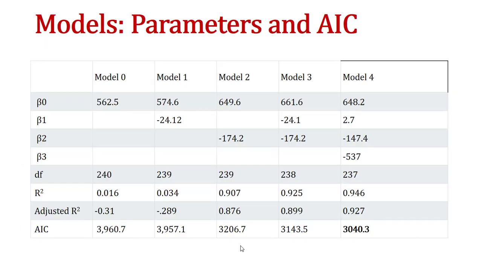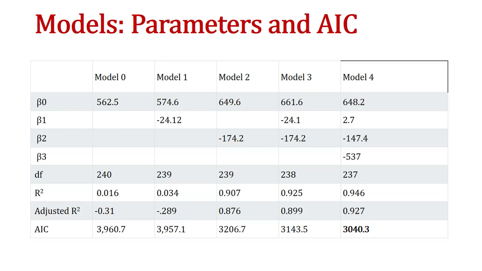And these are the best estimates, the estimates that increase the likelihood of the model and reduce the AIC of the model. So here we've got the parameter values and the AICs.